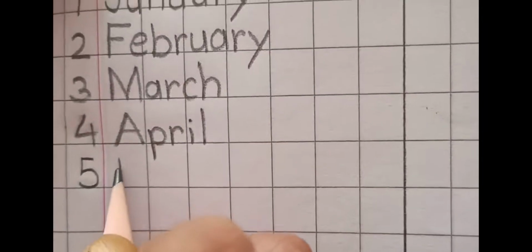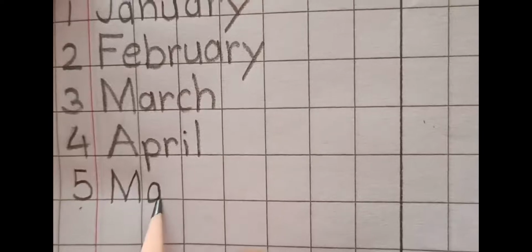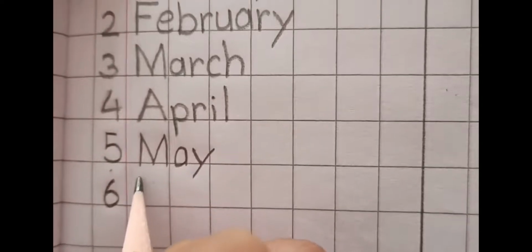Fifth month is May. Capital M, a, y, May. Sixth month is June. Capital J, u, n, e, June.